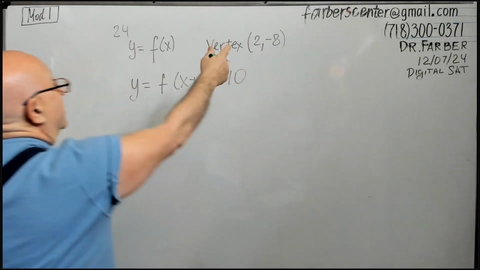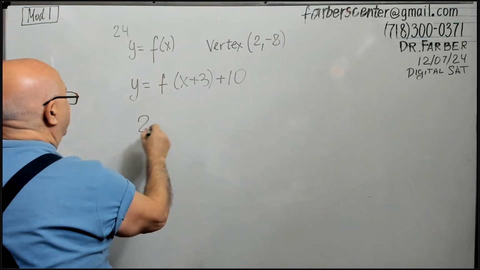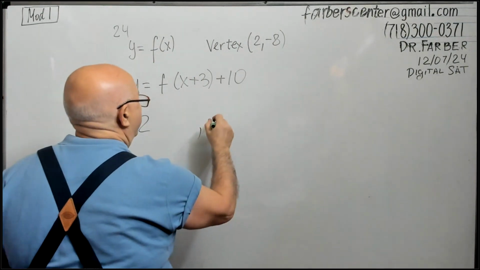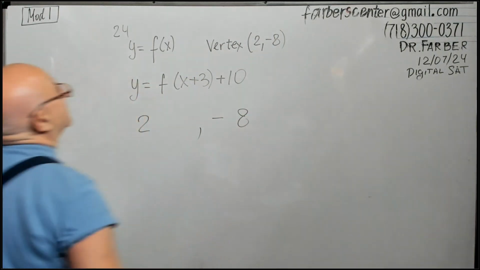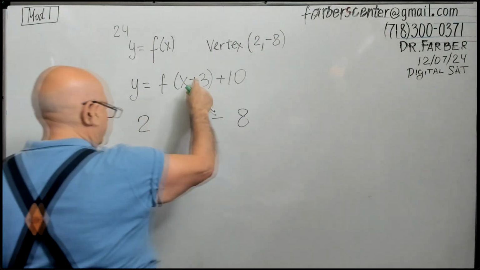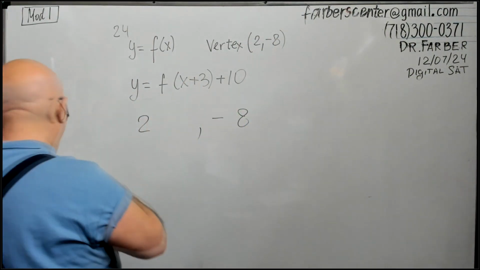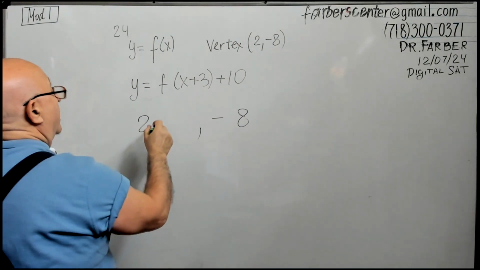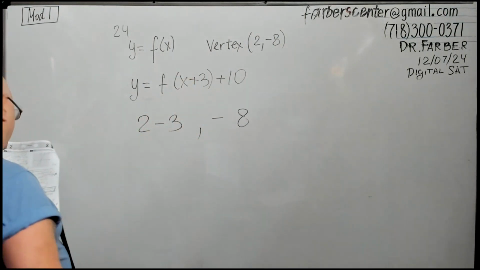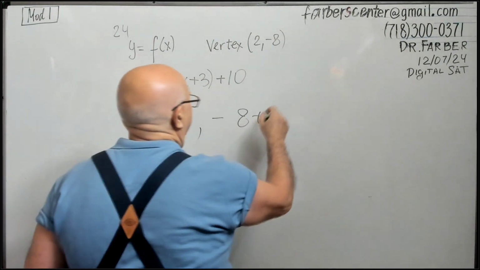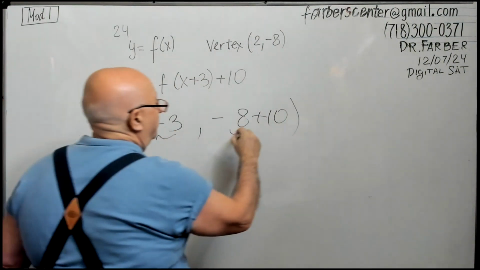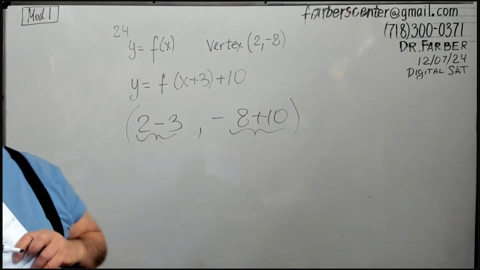So again, the original vertex of this one was (2, negative 8). When you have x plus 3, it means it goes to the left, right? So for x, you're supposed to subtract 3. And plus 10 means y is supposed to go up. This would be the answer. Just count. Translation.